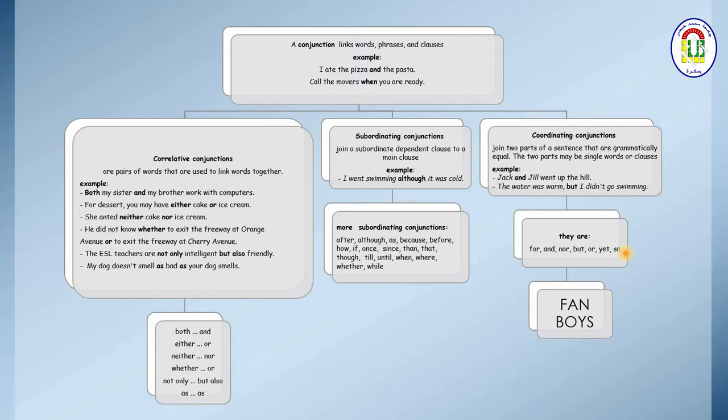Subordinating conjunctions are used mainly with complex sentences, while coordinating conjunctions and correlative conjunctions are mainly used with compound sentences. Okay, this is all about the types and the definitions.